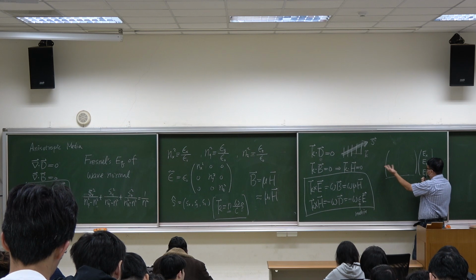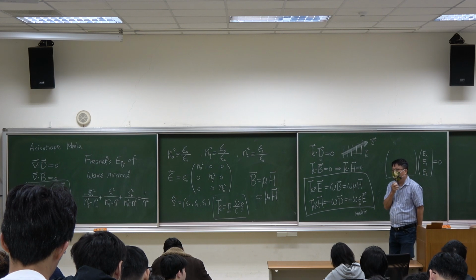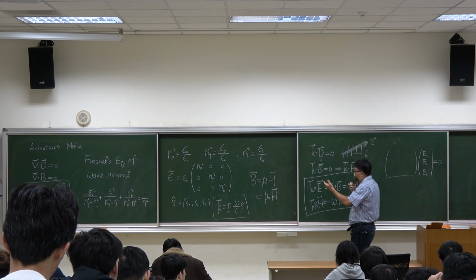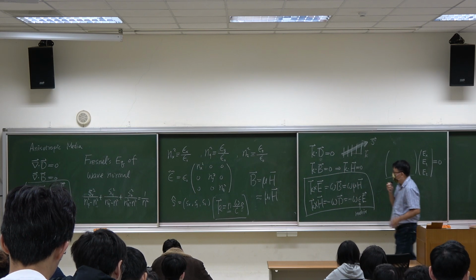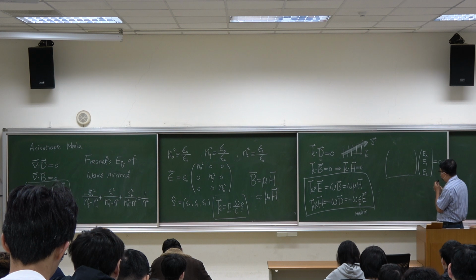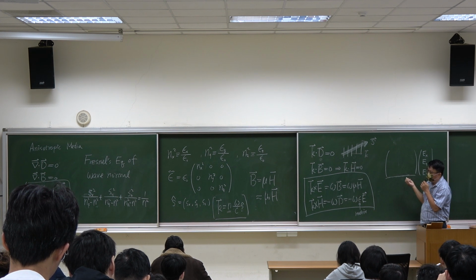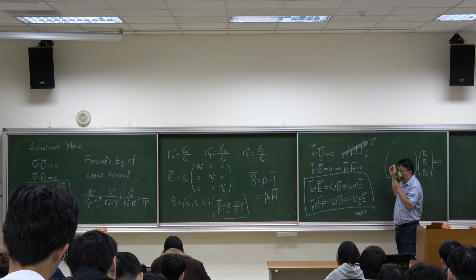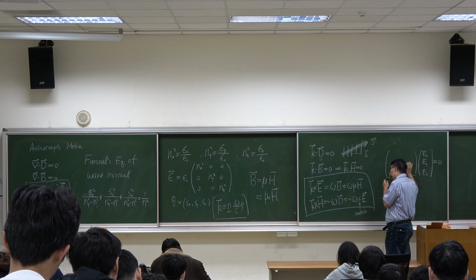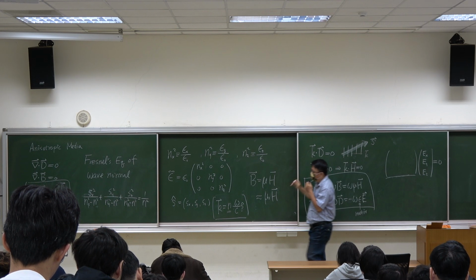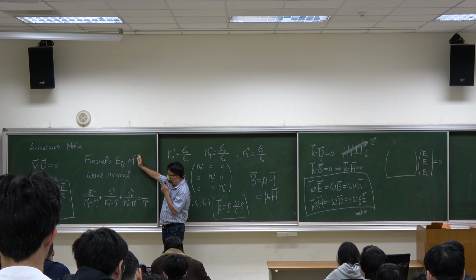Then if we multiply by the inverse matrix, we get zero E field. However, we want to find the E field inside this medium. It cannot be zero. So this implies that the determinant of this matrix must be zero. And this zero determinant relation gives us Fresnel's equation of wave normal.